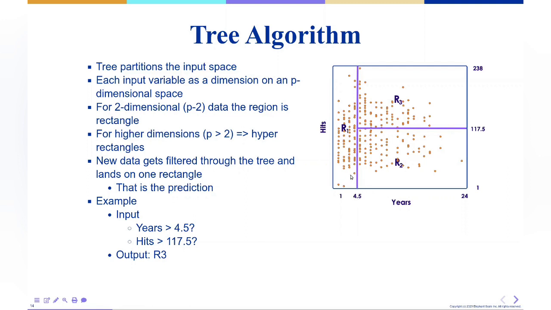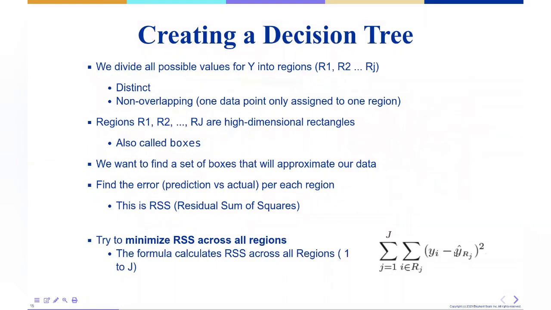Remember, when you split, you get 2 regions. You need to minimize the error in 2 regions. So they find the optimal point that gives the lowest possible error. If you look at the formula, it's pretty much Y actual minus Y predicted, squared.